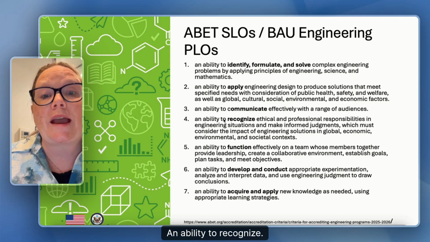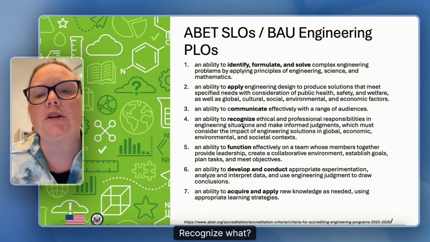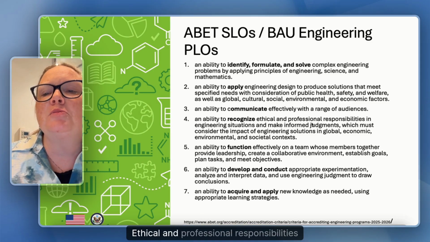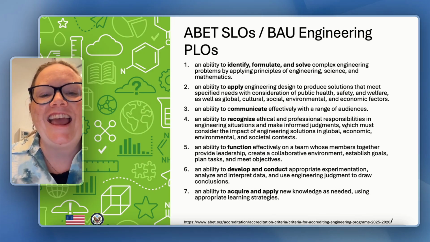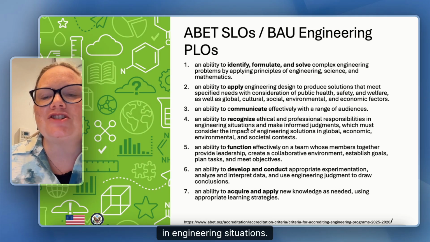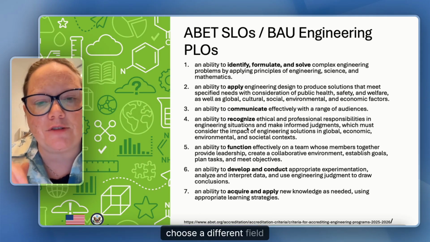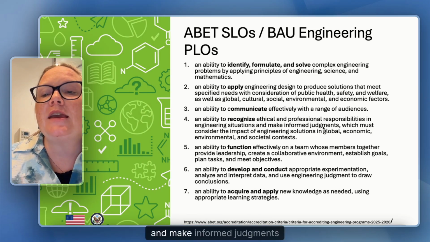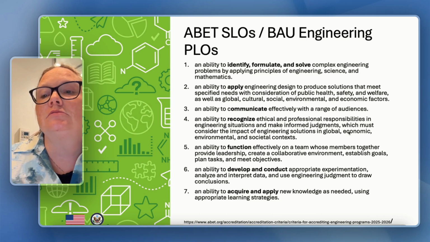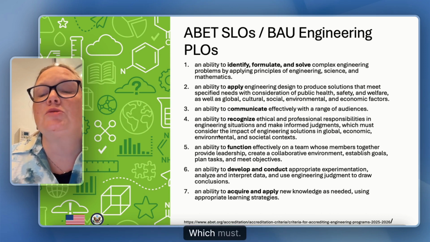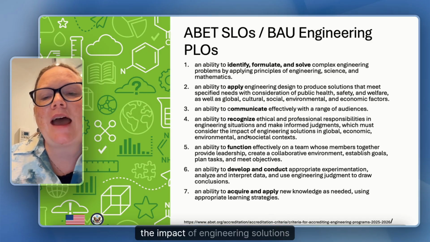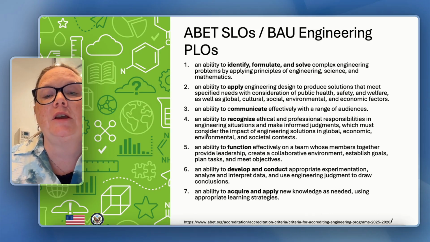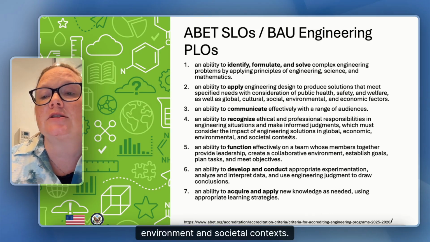An ability to recognize what? Ethical and professional responsibilities. Where? In engineering situations, again, choose a different field, and make informed judgments which must consider the impact of engineering solutions in global, economic, environmental, and societal contexts.